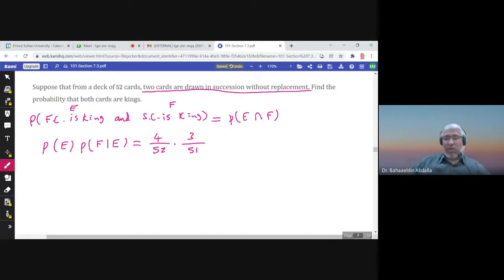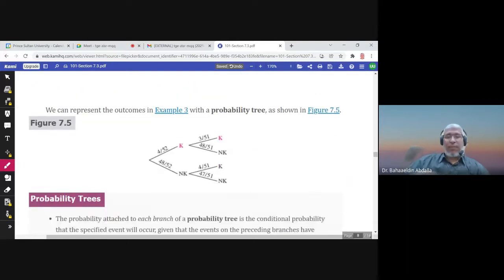We can use a tree diagram. Okay, the first card selected could be a king or not king. 4 over 52 is the probability of king, 48 over 52 is the probability of not king. The second card, now without replacement, so the number of cards would be 51.